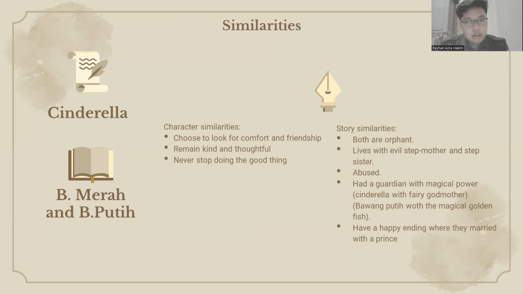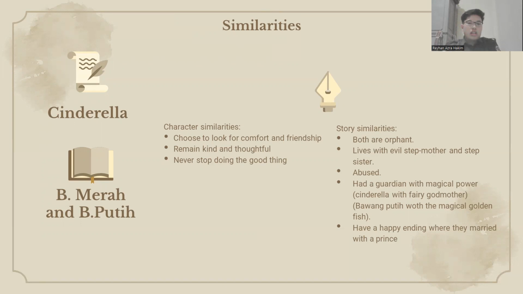And for the similarities of the story, we find that both of the main characters are orphans. They live with an evil stepmother and stepsister. They were abused and mistreated by the stepfamily. But both of them had a guardian with magical power: Cinderella with her fairy godmother and Bawang Putih with the magical golden fish.